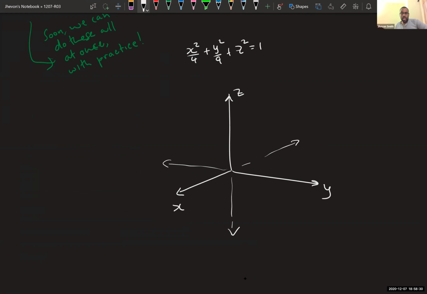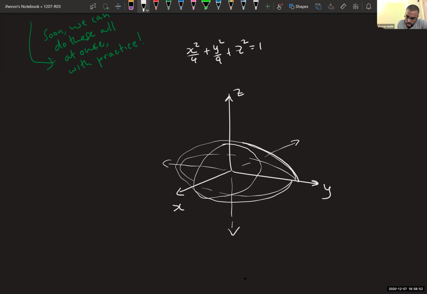If I take my finger and cover up the Z, I realize that I have an ellipse in the XY. Take my finger and cover up the Y, I have another ellipse in the XZ. Take my hand and cover up the X, I have another ellipse in the YZ. And so you can put these together immediately and get an ellipsoid.